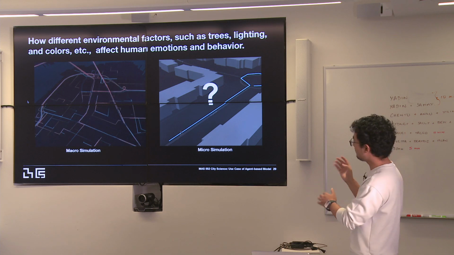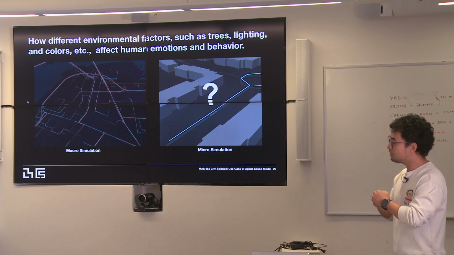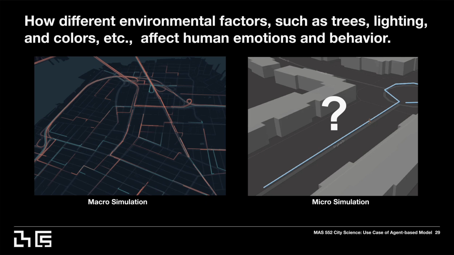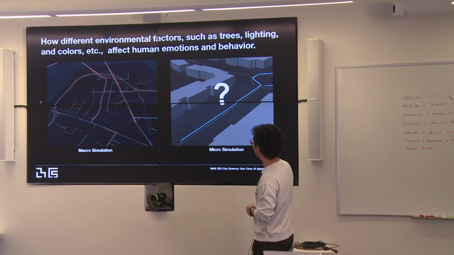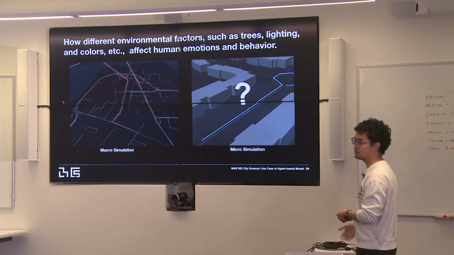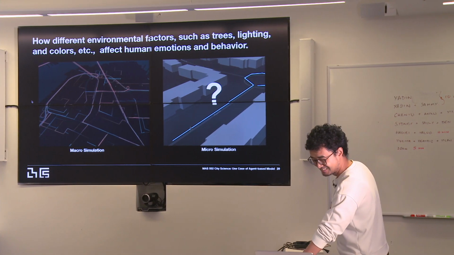But at a macro level, we want to know more detailed factors, such as trees, lighting, and colors, and how they affect human emotions and behaviors. In this way, we cannot just use a simple line guidance to move the agent because it's too simple.